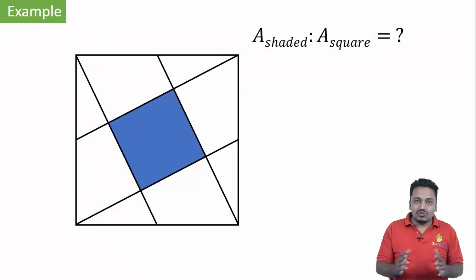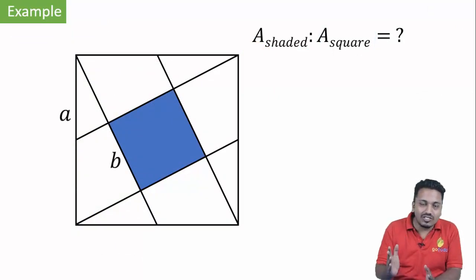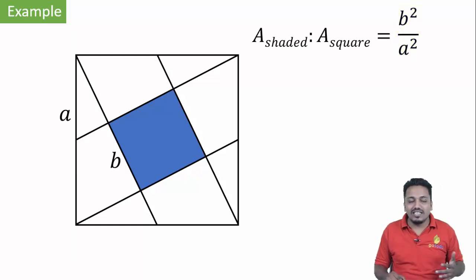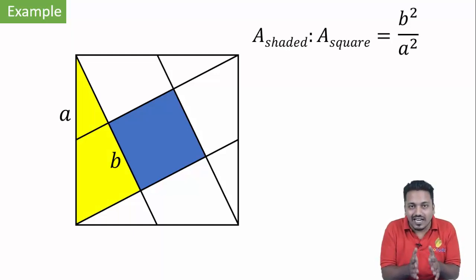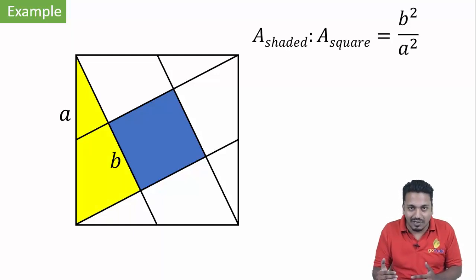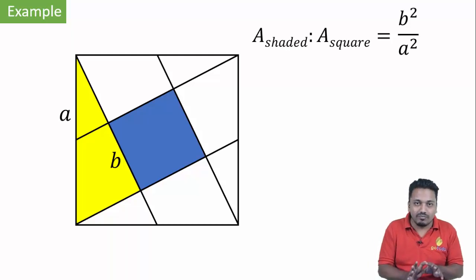Next question. Side of bigger square is A and smaller square is B. We have to find B square upon A square. Now look at this triangle. Line bisecting a side and parallel to base bisects the third side, midpoint theorem, right?